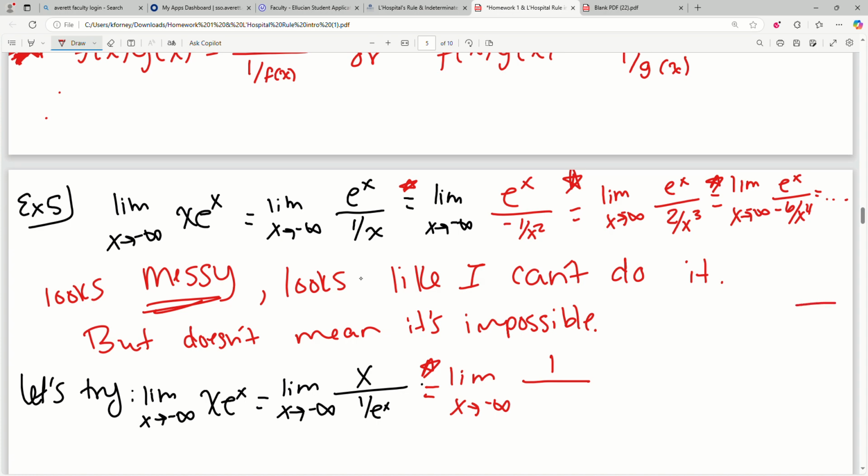So just as a little side note, 1 over e to the x is just e to the what? So then the derivative would become negative 1 e to the negative x. So negative e to the negative x.